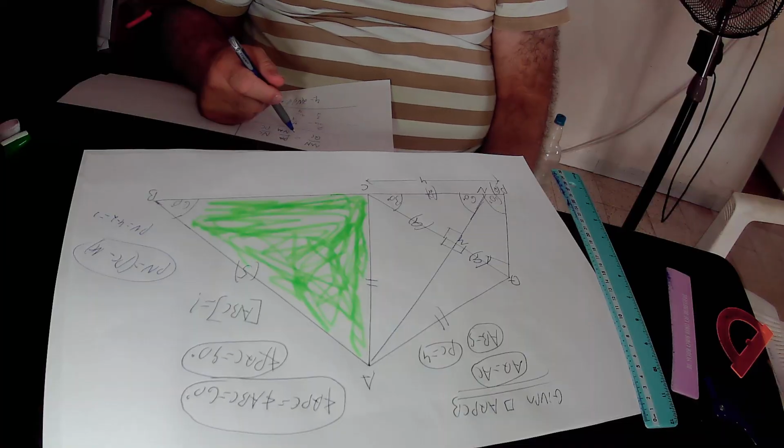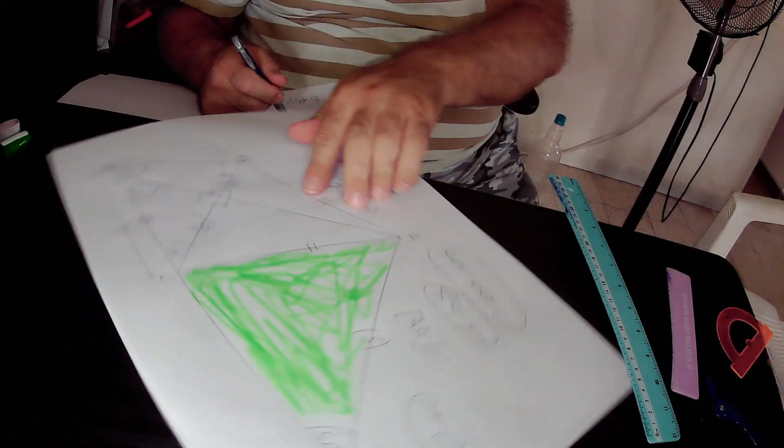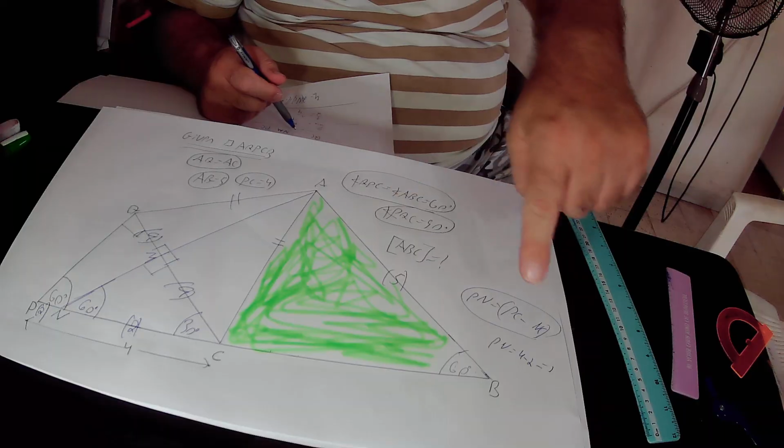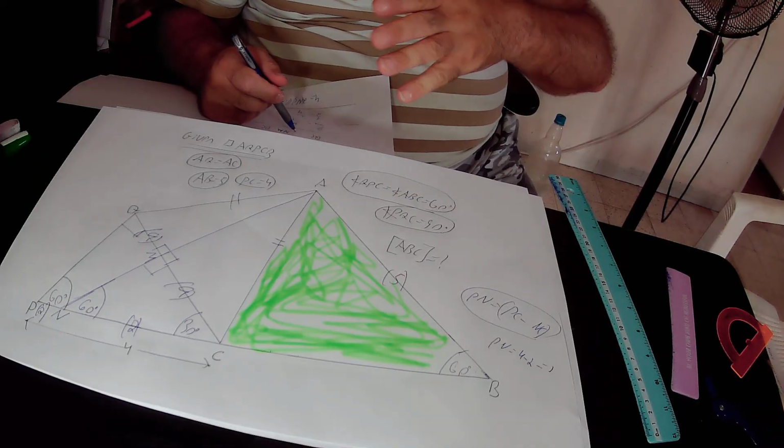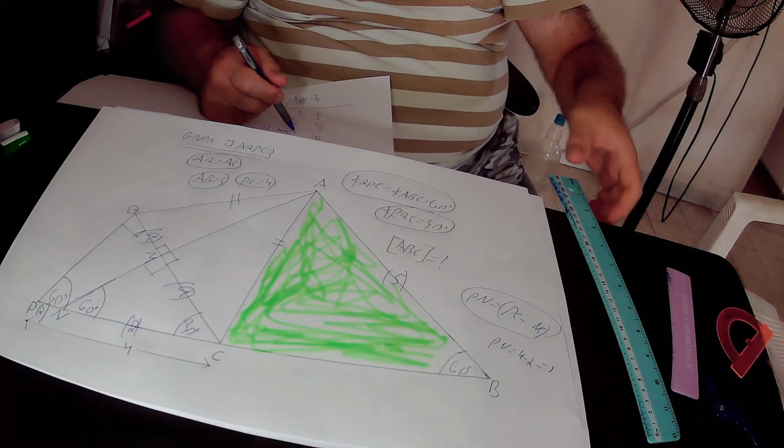In the next step, I'll copy the big triangle ABN. In the new page, we'll analyze this big triangle ABN.